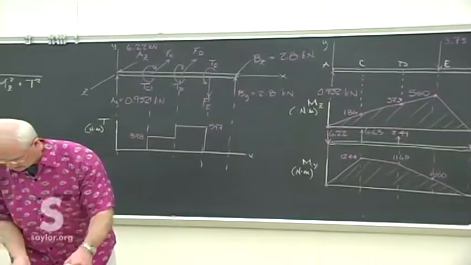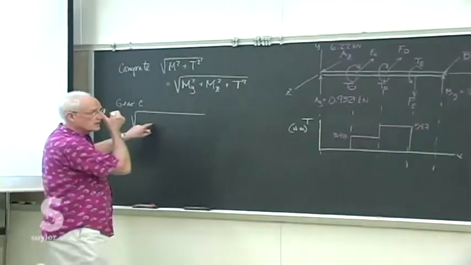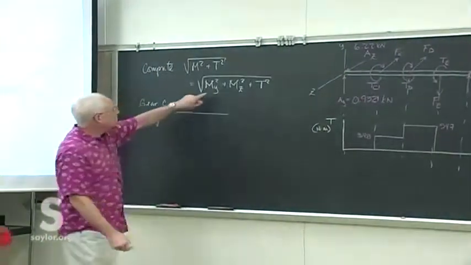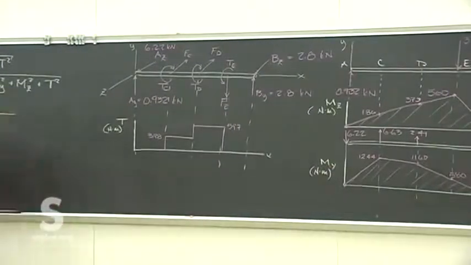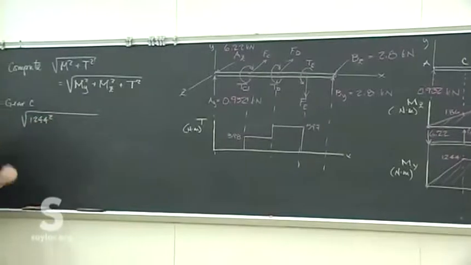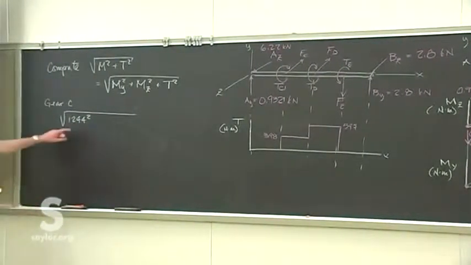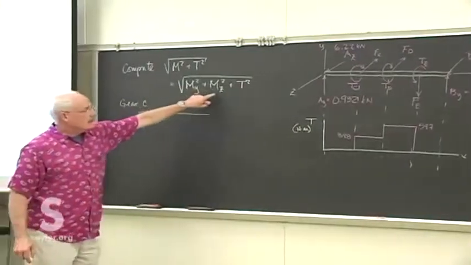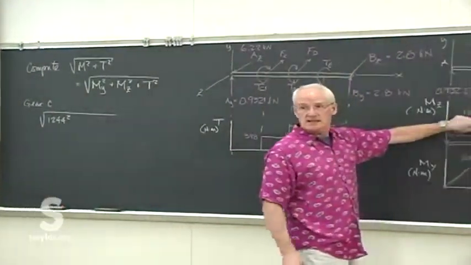All right, so let's put this together. Make sure we got the calculation right. At gear C, MY is 1244. At gear C, MZ is the 186.